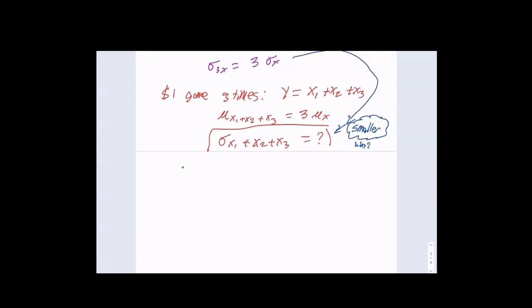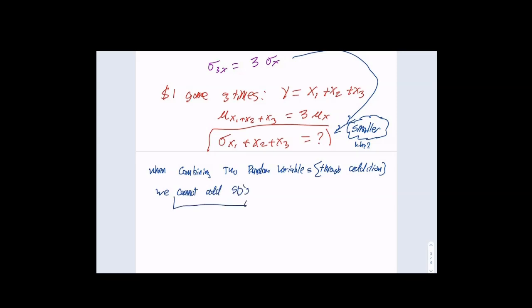And it says that, well, the idea is that when combining 2 random variables through addition, we cannot add standard deviations.